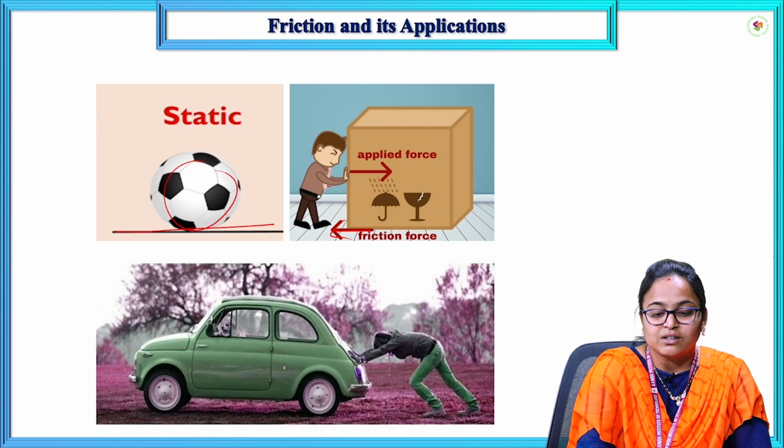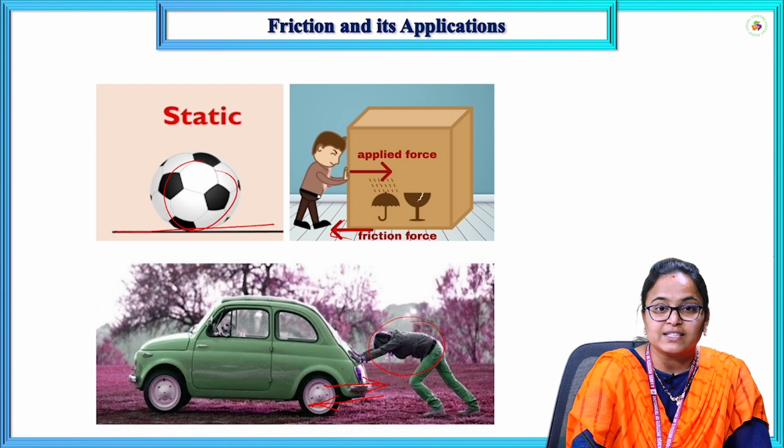Next, this man is applying some force on the car, but due to the static friction in the opposite direction of the man's force, this car will be in a stable condition, that is, at a rest condition.